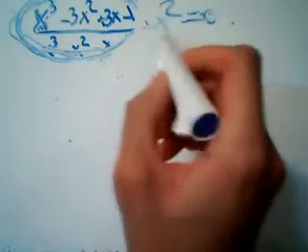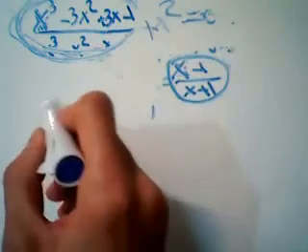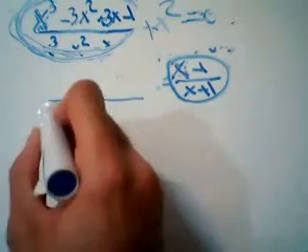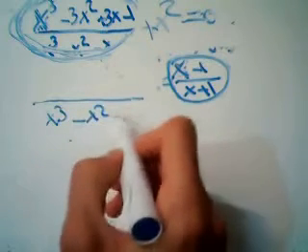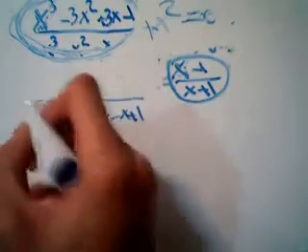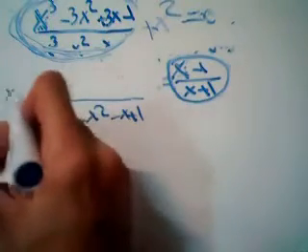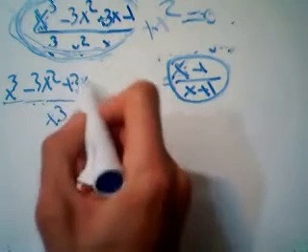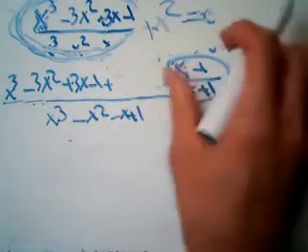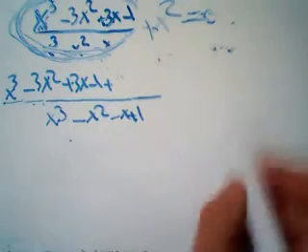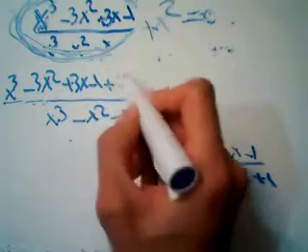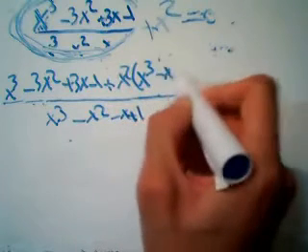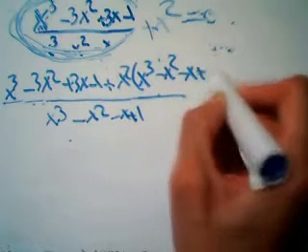In order to solve it, you should add this to this. I haven't talked about adding algebraic fractions yet, but it would be something like that: the numerator over the denominator, plus x minus 1 over x plus 1, plus x squared times the denominator, x cubed minus x squared minus x plus 1.